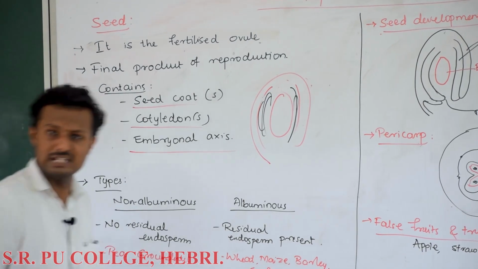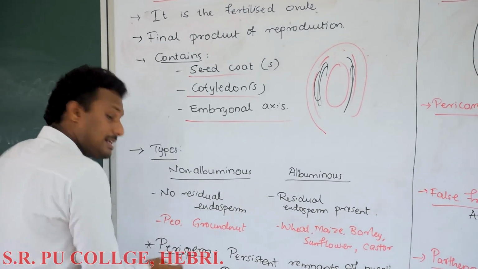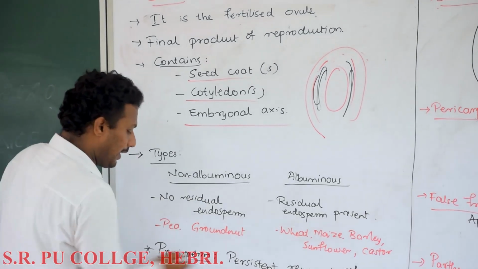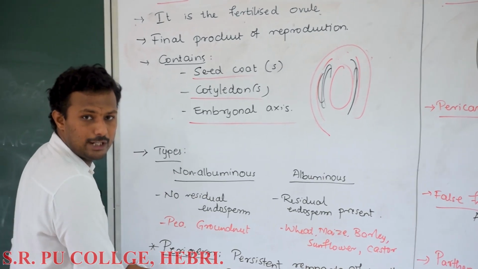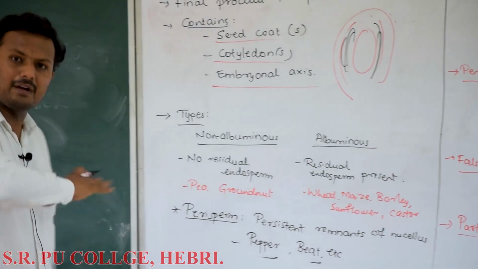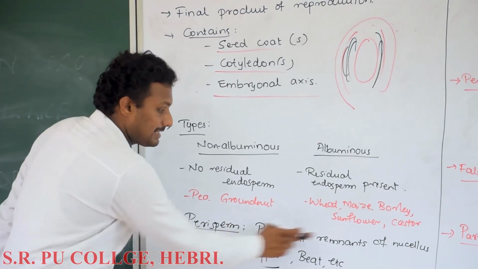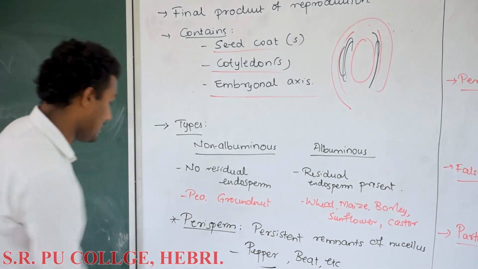This nucellus will remain even after the complete development of the seed, and such persistent nucellus will be called as what? Perisperm. Sorry, not the endosperm, it is the nucellus, the persistent nucellus that remains in some of the seeds even after the complete development, complete maturation of the embryo. Such a persistent remnant of the nucellus will be called perisperm.